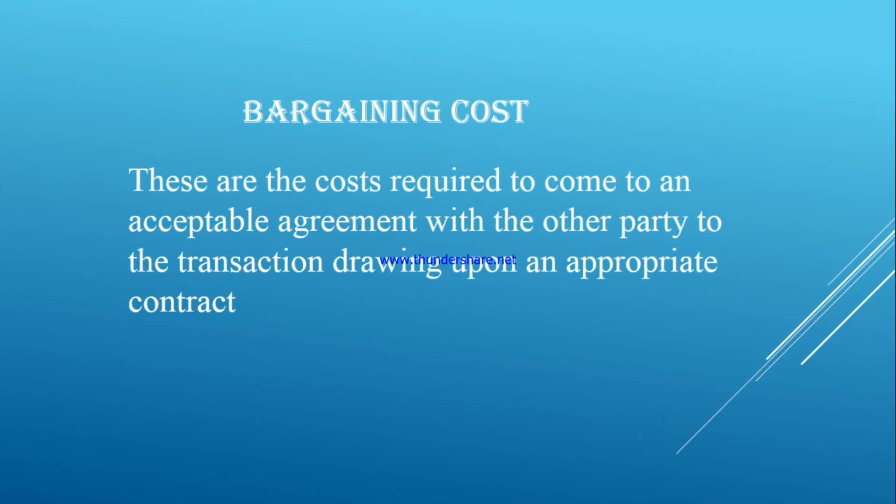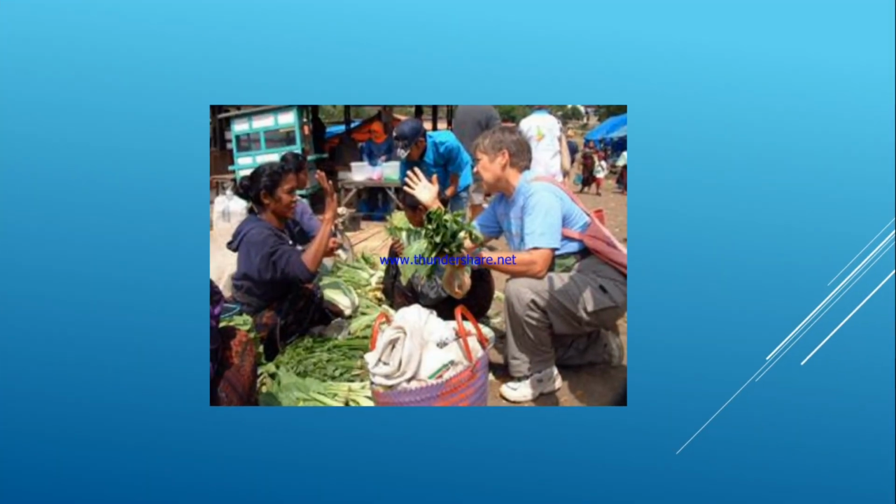Now the other type is the bargaining cost. These are the costs required to come to an acceptable agreement with the other party to the transaction, drawing up an appropriate contract. So the bargaining costs are basically the costs incurred while negotiating with the other party.